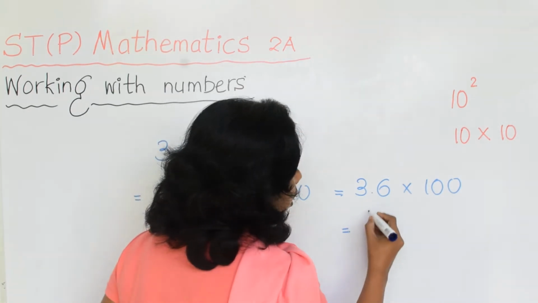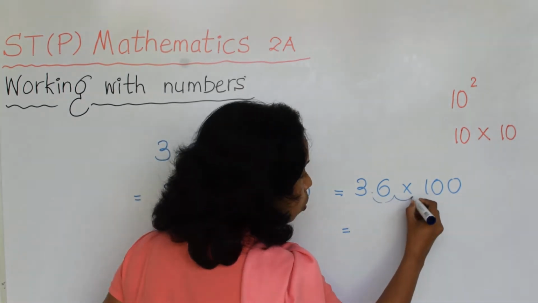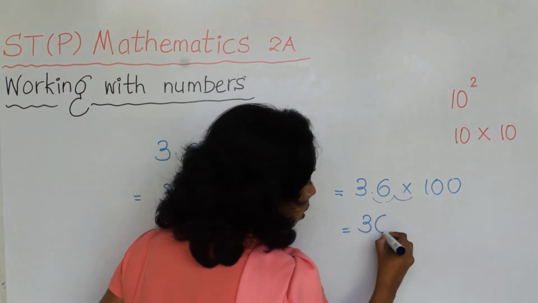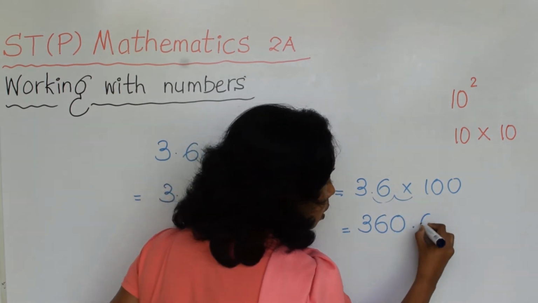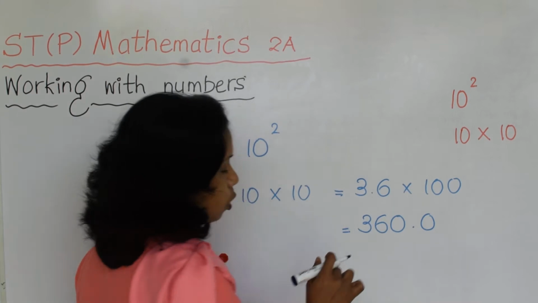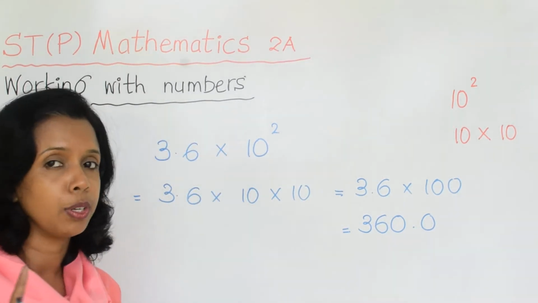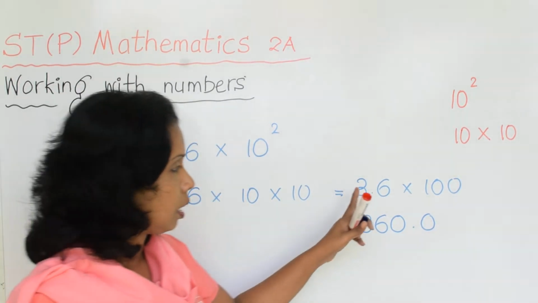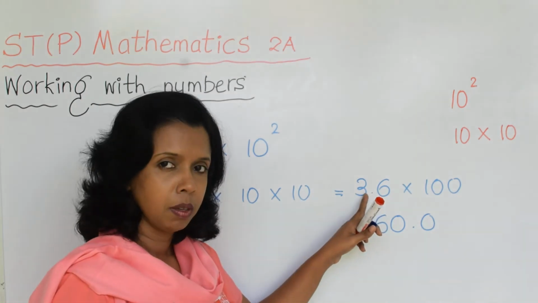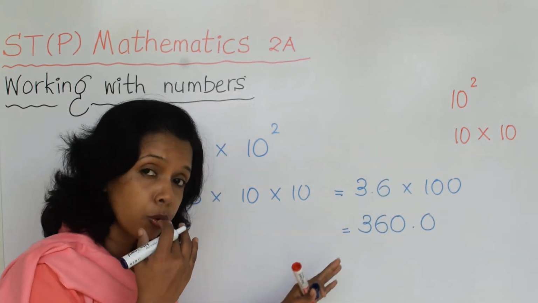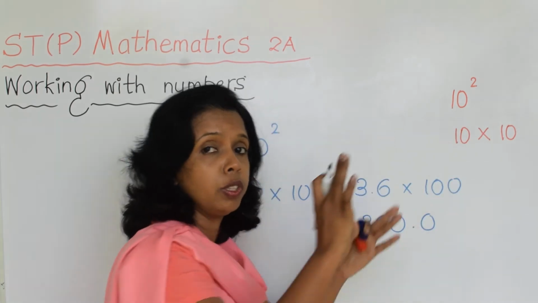Okay, then you move 1, 2. Now what happened? Now the decimal point is here. So look at the steps I am following, children, right? Earlier it was here. With this multiplication I had to move the decimal point to this side.